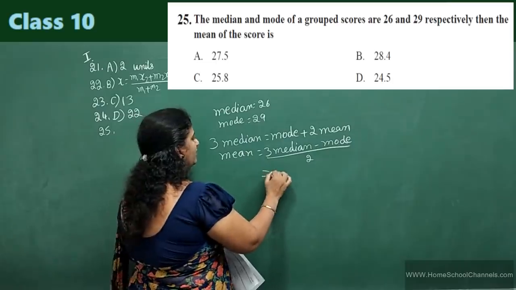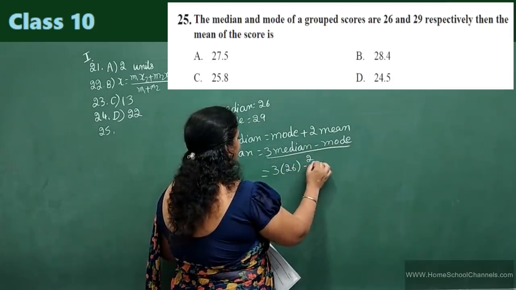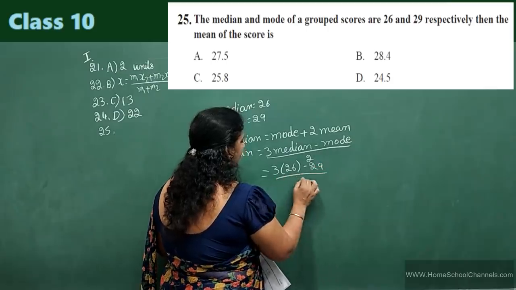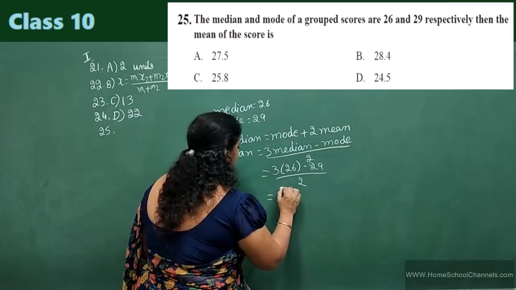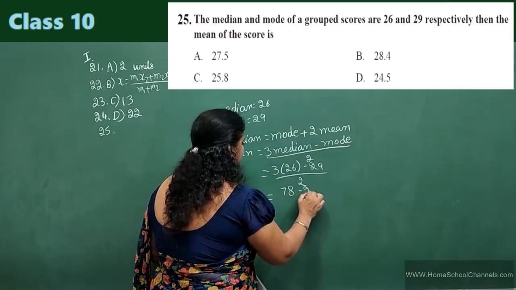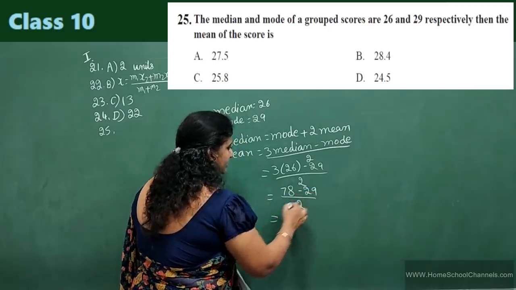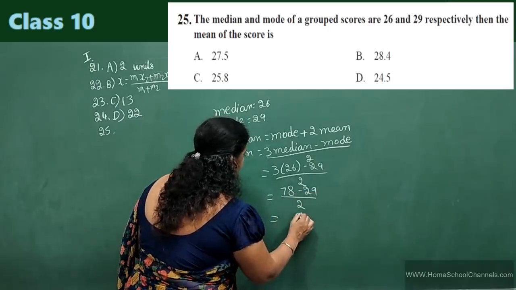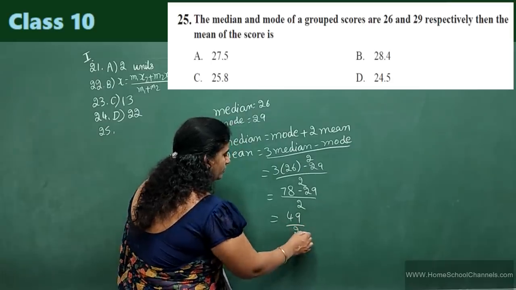Okay, 3 median. Substitute median and mode value. 3 into 26 minus 29 whole divided by 2. 3 into 26 it will be 78 minus 29 by 2. 78 minus 29, 18 minus 9 will be 9, 7 minus 2 will be 4. 49 by 2.